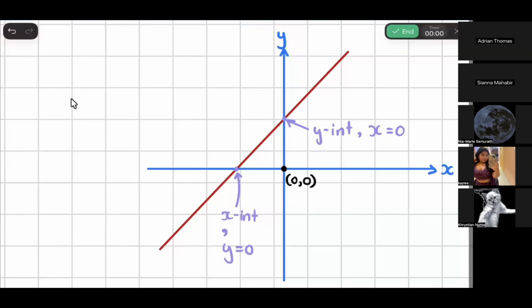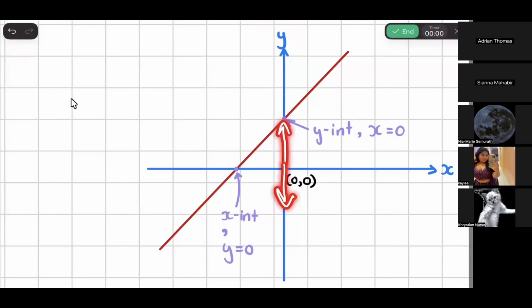Because if you're on the y-axis itself, that means you could only move up or down. If you could only move up or down, what is your horizontal movement? So remember, horizontal just means left or right. If you're going up or down, what is your horizontal movement? Are you moving horizontally at all?